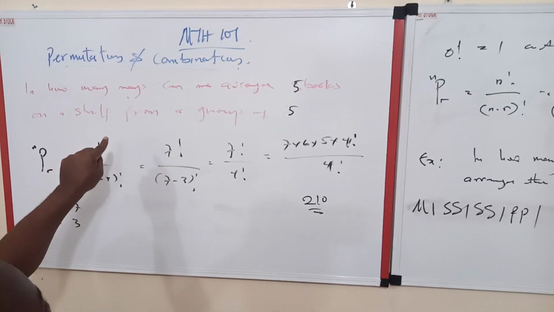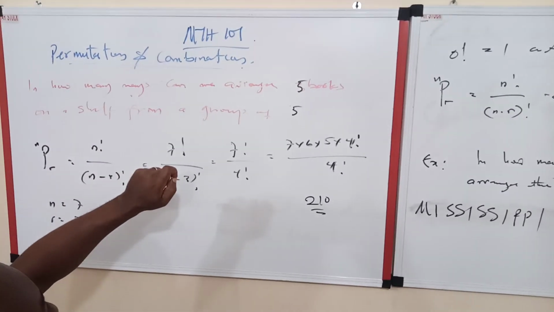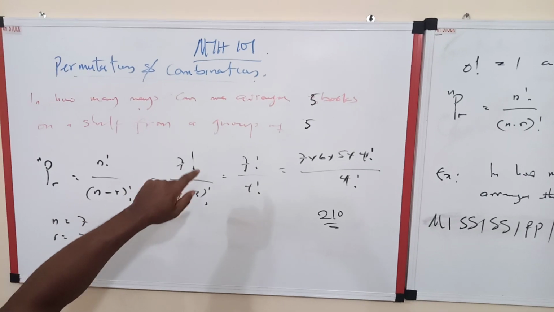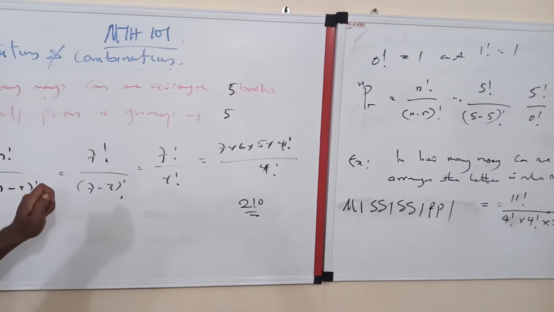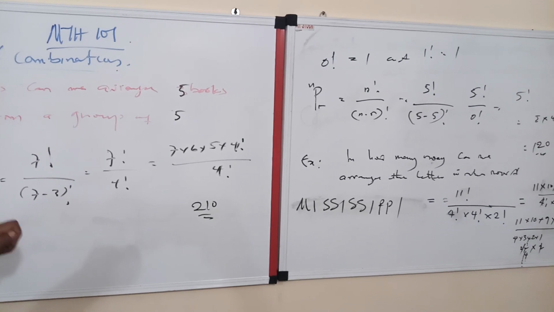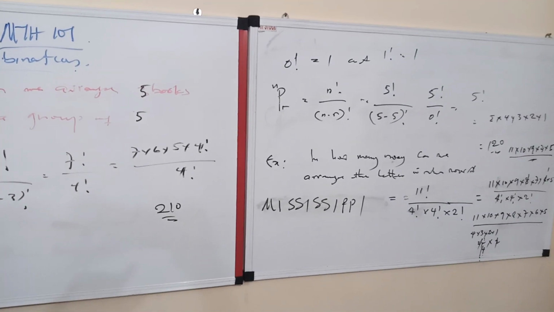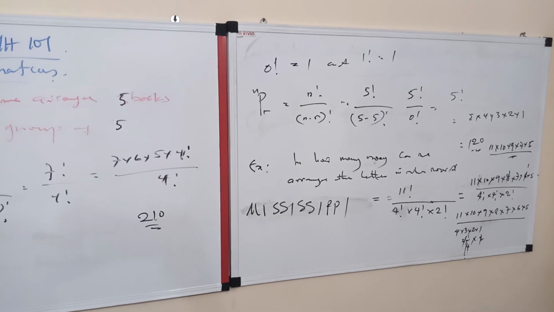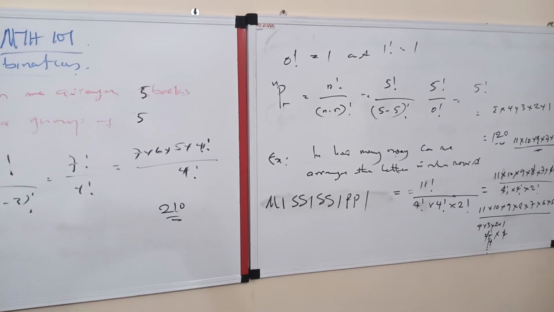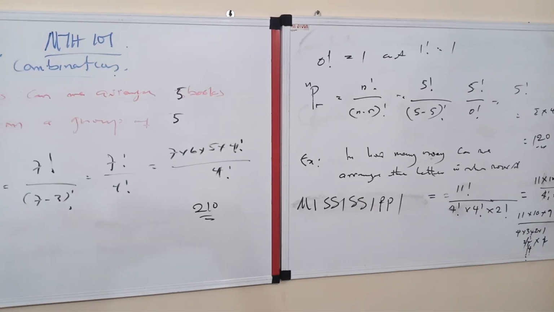For permutation, the keyword is arrangement of things. For combination, it is about selection. And the order in which the items are arranged matters very much, it's critical to permutation, whereas for combination it is not that important.